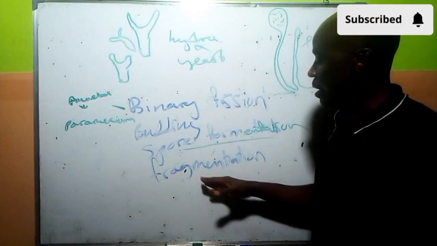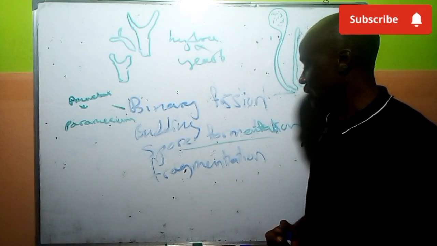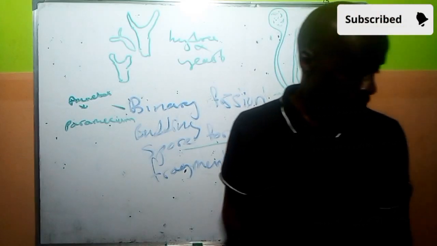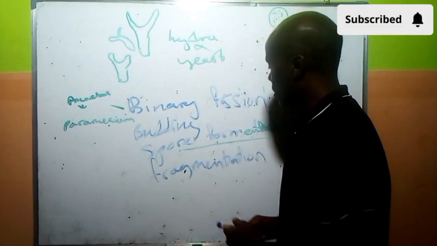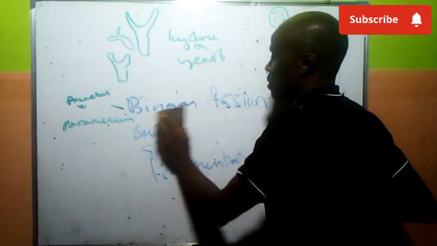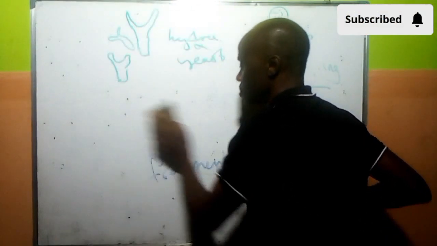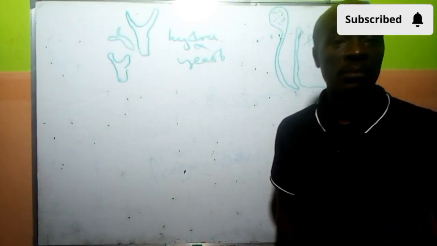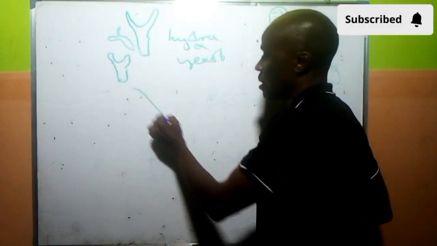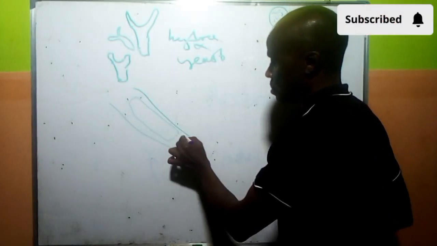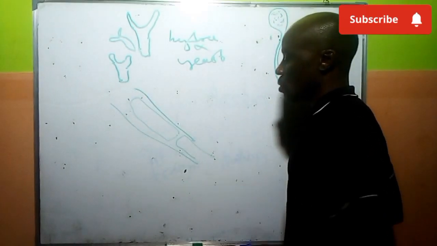The other one we have here is fragmentation. In fragmentation, what do we have there? It is something we see in the type of asexual reproduction in Spirogyra.